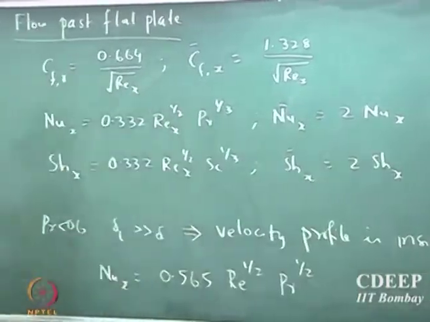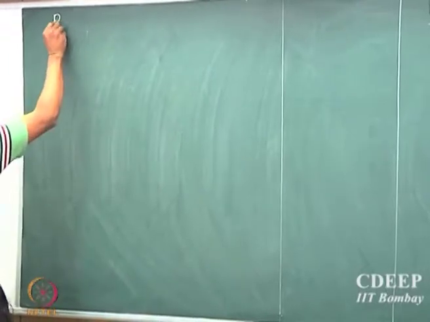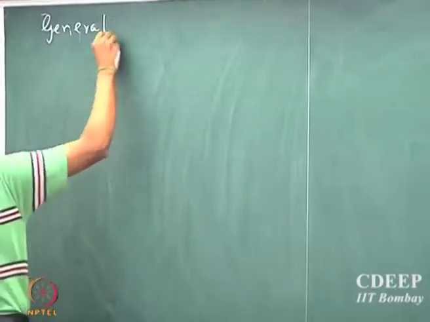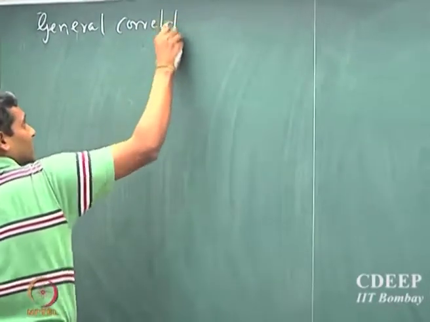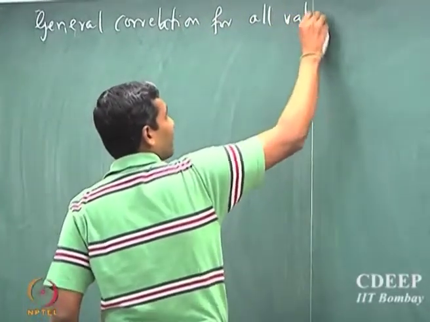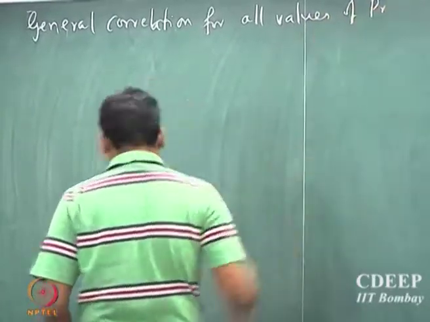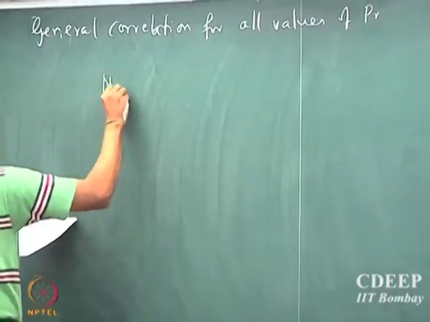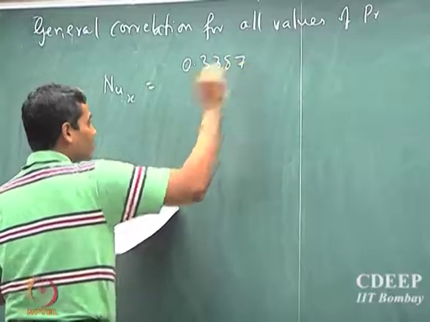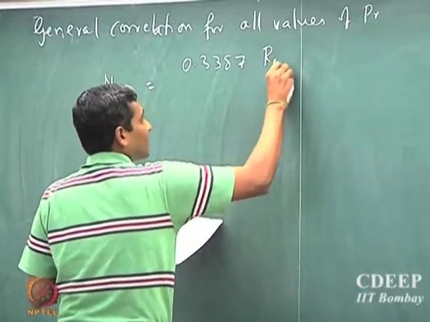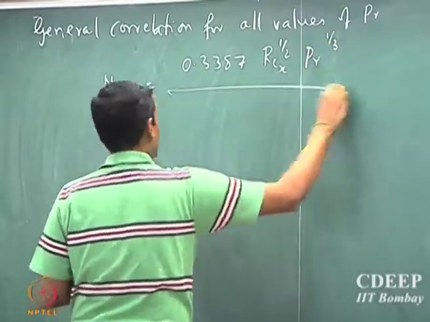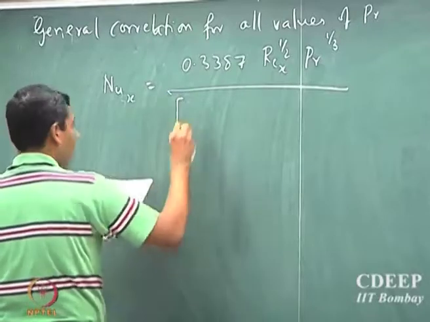So, now for any values of Prandtl number, a general correlation would be 0.87 Reynolds number to the power of 1 by 2 Prandtl to the power of 1 by 3 and 1 plus.